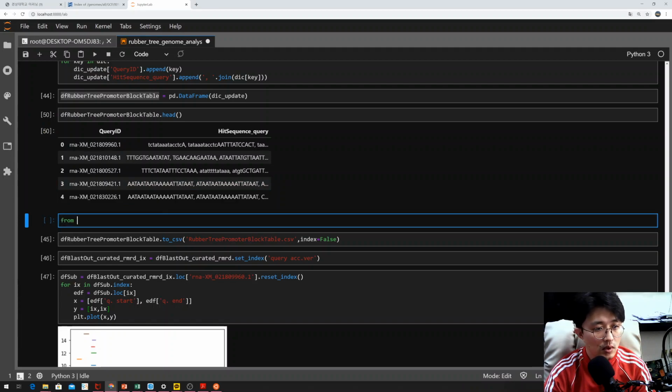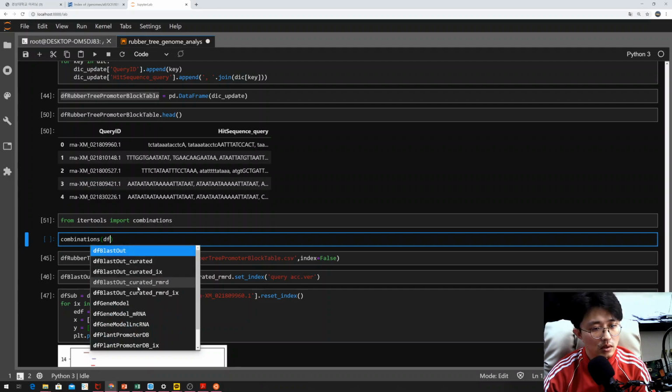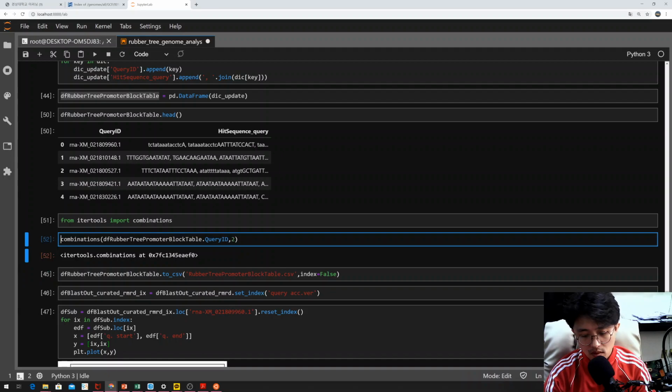So we have to use itertools, import combinations, right? Combinations of laboratory promoter block table query ID and 2. Okay, combinations query ID.